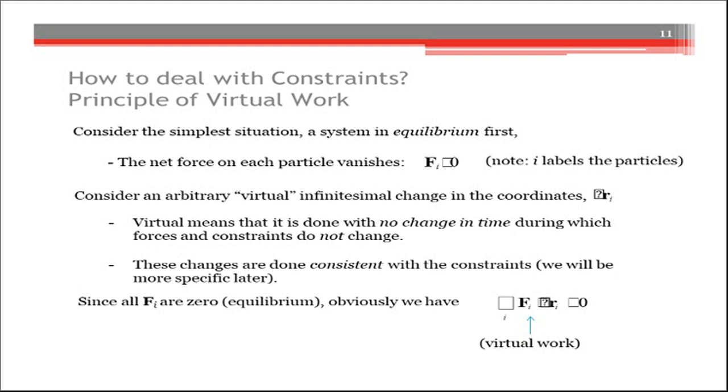Virtual means it is done with no change in time, during which the forces and constraints do not change. The changes are consistent with the constraints. Since F_i is zero in equilibrium, we have the sum of F_i dot delta r_i equals 0, the principle of virtual work.